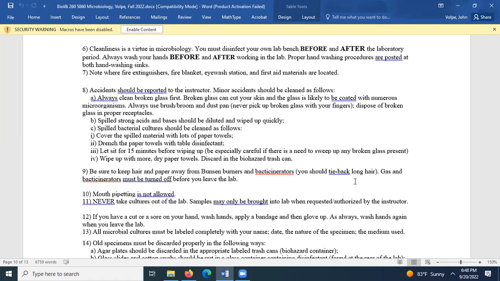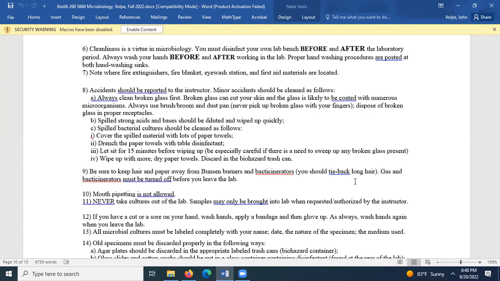For the broken glass, it goes in the broken glass receptacle. It is difficult pulling out the broken glass from the paper towel and the disinfectant, but put the bacteria spill in the biohazard trash bag, which is also called the autoclave bag.